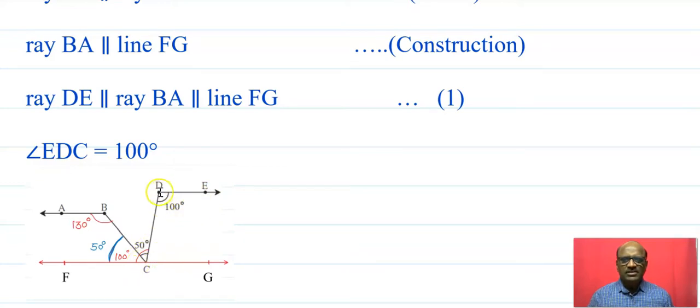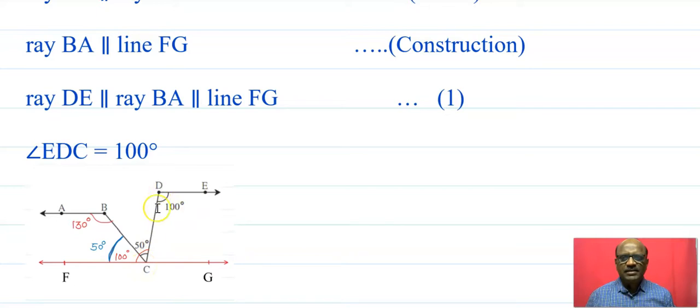Now see here, as DE and FG are parallel, DC is their transversal. Again I will repeat, ray DE is parallel to line FG, line DC is their transversal.